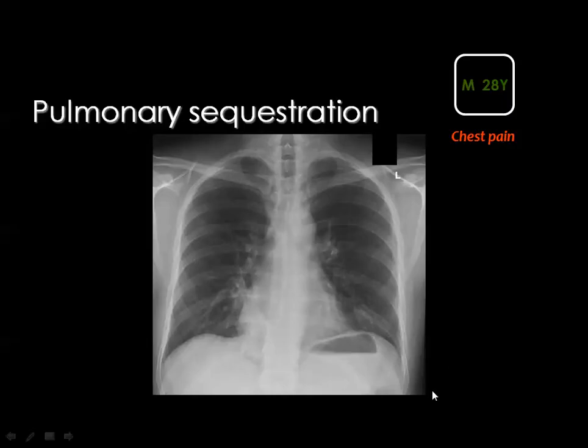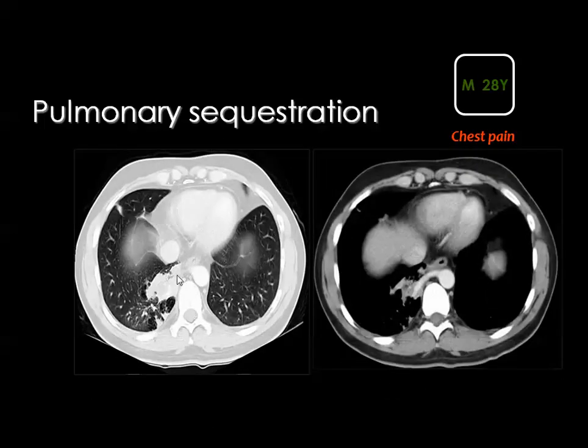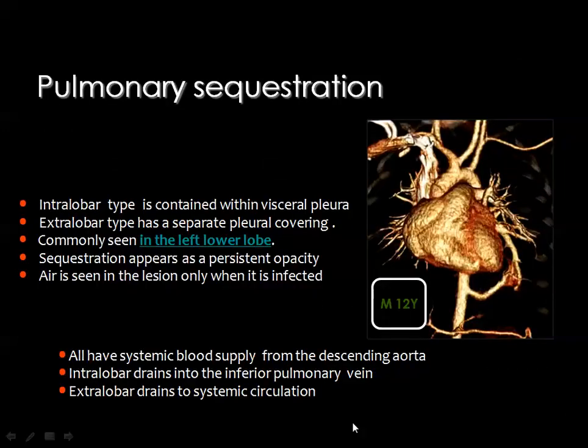And you see here a chest X-ray, and it may show some opacity related to the right cardiac border, and the CT scan showed that there is an opacity in the lower lobe, and very importantly, there is a branch which is coming directly from the aorta to supply this particular area in the lung, confirming the diagnosis of pulmonary sequestration.